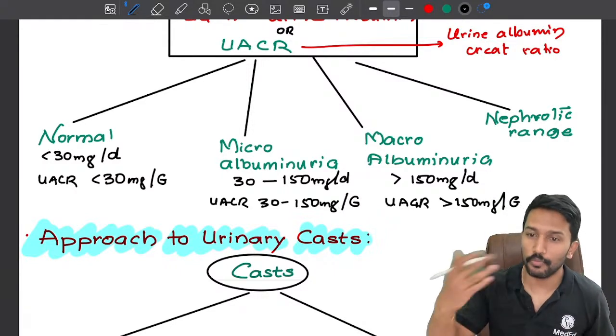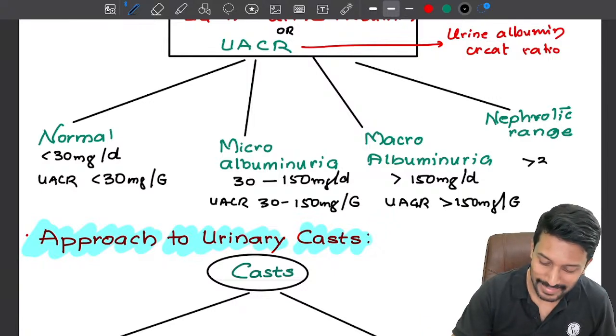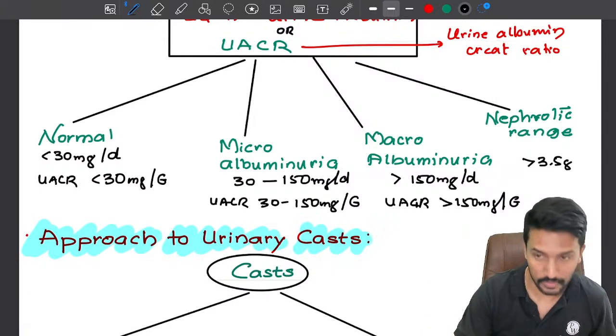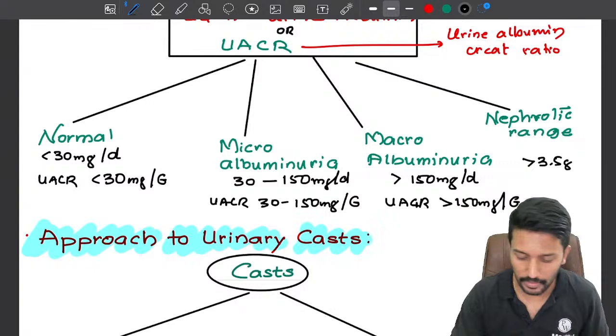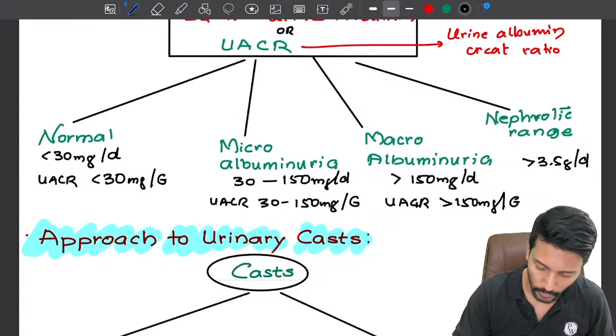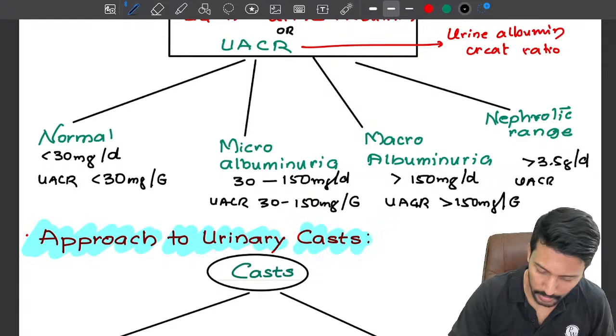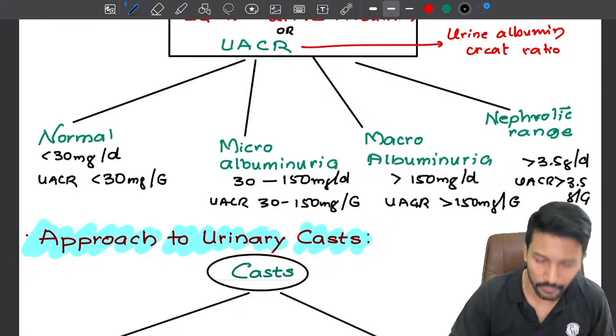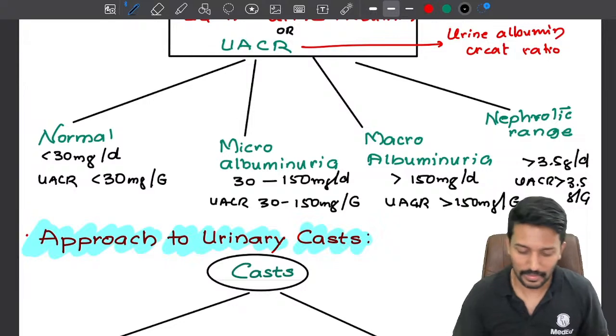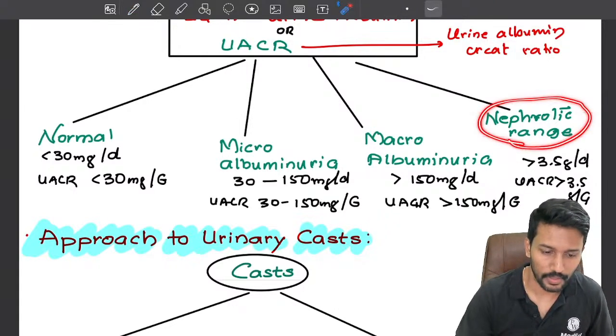And if it is even higher, more than 3.5 grams, not milligrams, 3.5 grams of albumin per day, or UACR more than 3.5 grams per gram of creatinine, we call it nephrotic range proteinuria.